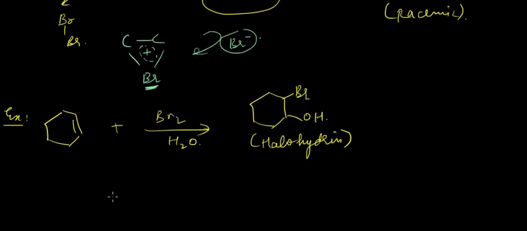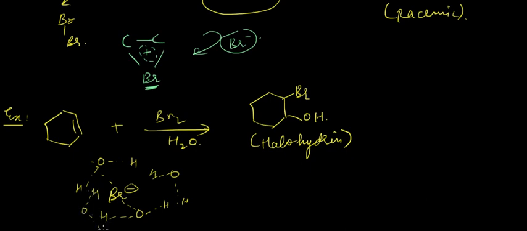The released Br minus will be surrounded by water, and as water is a polar solvent, it will trap the Br. Meanwhile, some other water or OH will go and attack this carbocation or non-classical carbocation, and form this product, which is called a halohydrin.